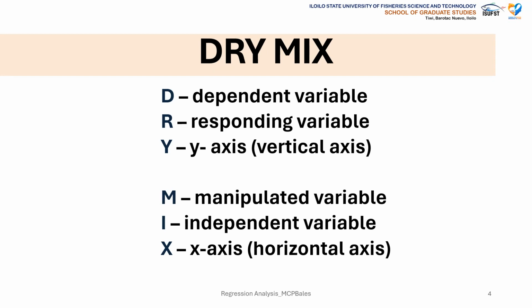For example, for math majors, we have your x-axis and y-axis. The horizontal axis is the x-axis or your independent variable, whereas the vertical axis is your dependent variable. For the MIX, M is the manipulated variable. It's your independent variable, and it is found on the x-axis or the horizontal axis.